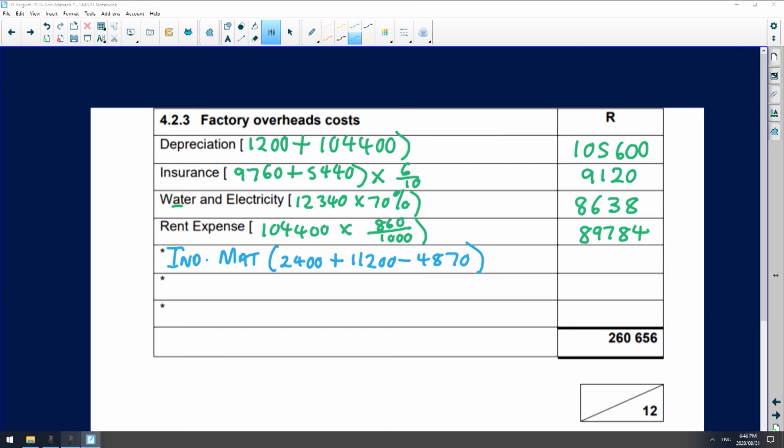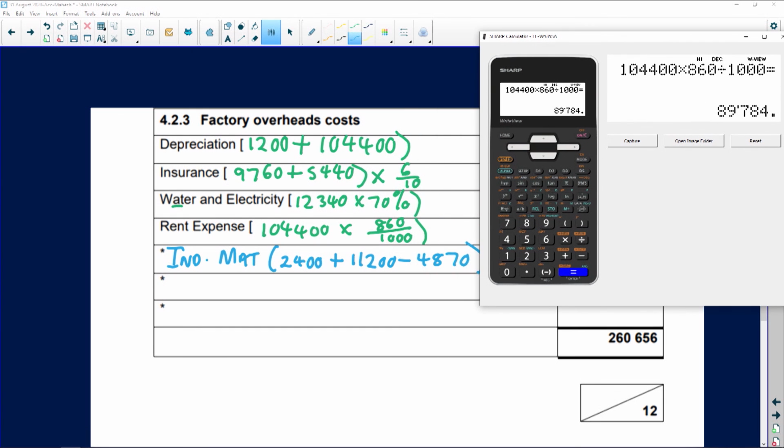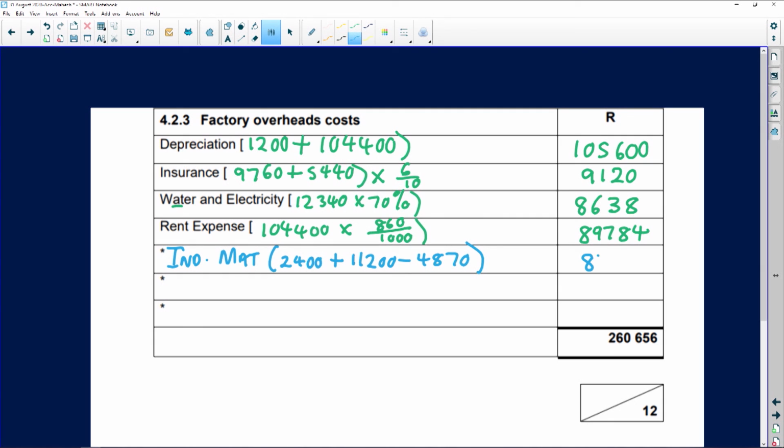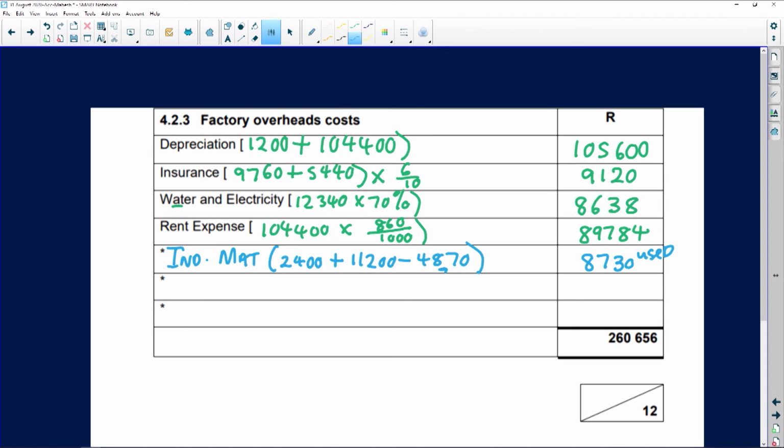For this financial year, we ended up using 2,400 plus 11,200 minus 4,870, and that gives us an amount of 8,730. Again I'm reminding you guys, this is what we ended up using. Often we find students tend to flip them around. So remember, closing balance, what I used, not the other way around.